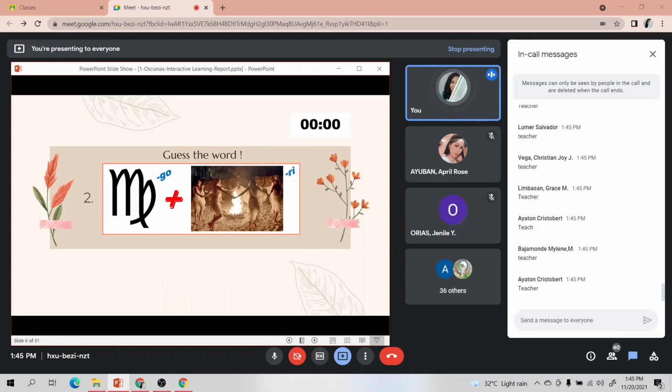Okay, second word. For 15 seconds, guess the word. 10, 9, 8, 7, 6, 5, 4, 3, 2, 1. No answers? Okay, so the sign here, if you are familiar with the zodiac signs, from Ma'am Grace.